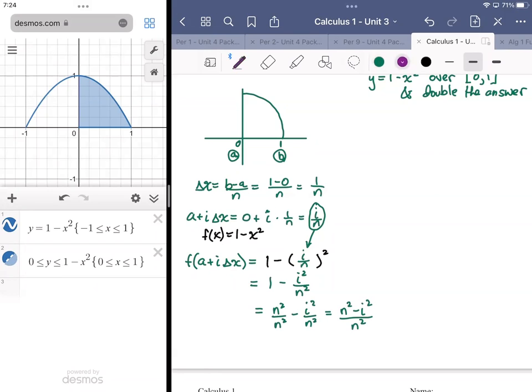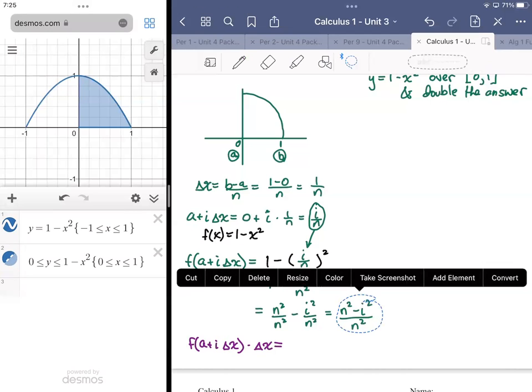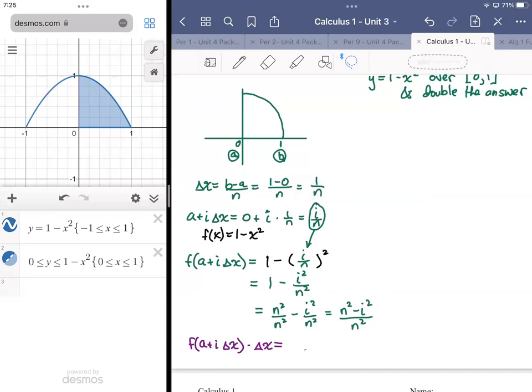But like I said, in the next step of the process, we have to take that and multiply it by delta x. So it kind of makes sense to have this in the most simplified form. So we're looking at n squared minus I squared over n cubed.